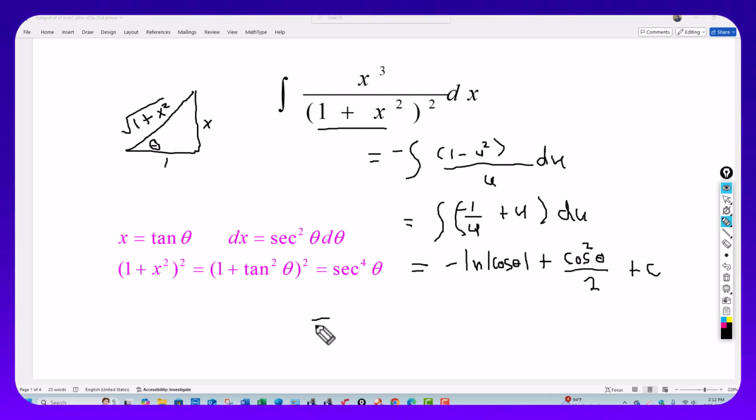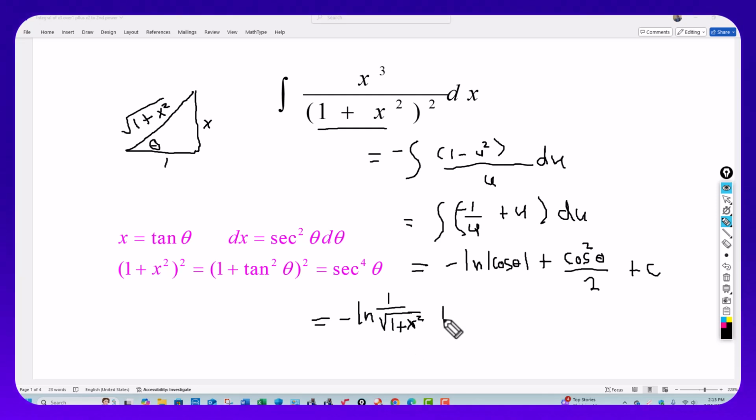So this is equal to minus the natural log, and go back to the variable x. So minus natural log, and for the cosine of theta, go to the triangle. Cosine is the adjacent side over the hypotenuse, so this will be 1 over the square root of 1 plus x squared. Don't need the absolute values, that's not negative there.